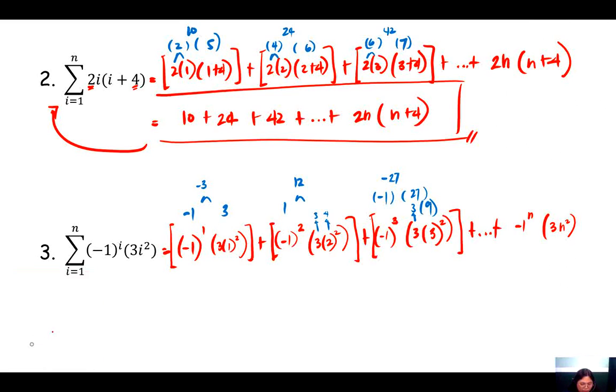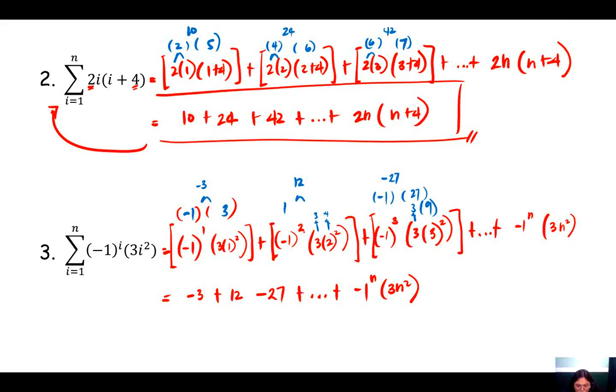Let's rewrite here. We have negative 3 plus 12 minus 27 plus ellipsis plus negative 1 raised to n times 3n squared. Let's recheck. Negative 1 raised to 1 is still negative 1. 1 squared is 1 times 3 is 3. Negative 3 times negative 1 is negative 3, correct.